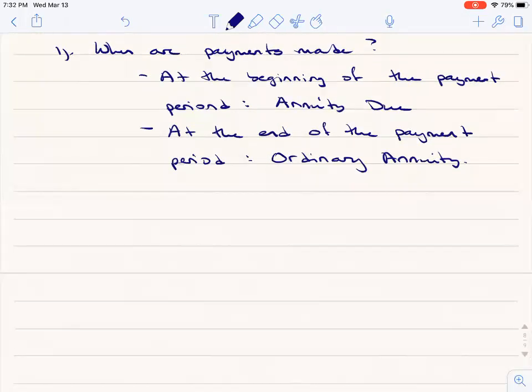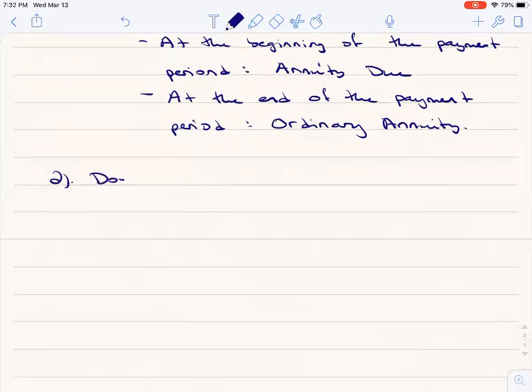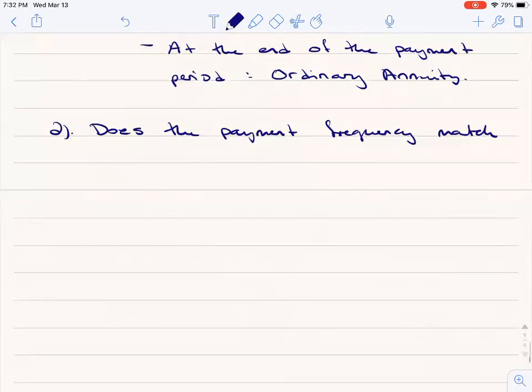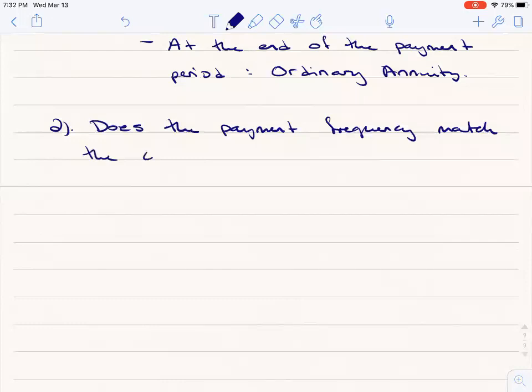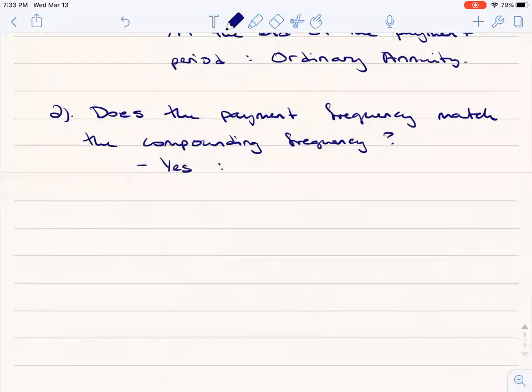And the second question we ask is, does the payment frequency match the compounding frequency? If yes, then you have a simple annuity.